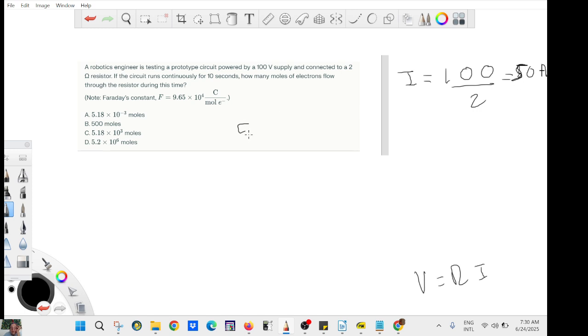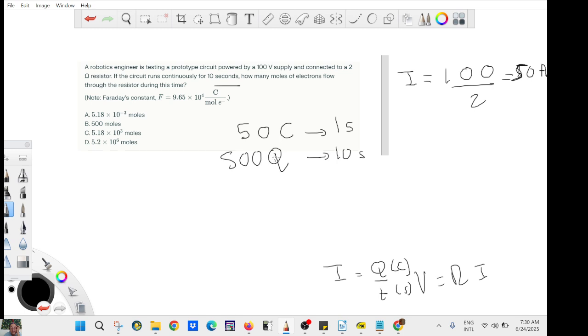By definition, the current is the charge per second. So this is in coulomb and this is in seconds, so the unit is amps. So that will be 50 coulomb for 1 second. So for 10 seconds, it's going to be 500 coulomb.